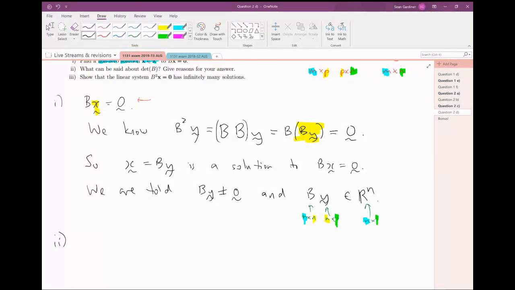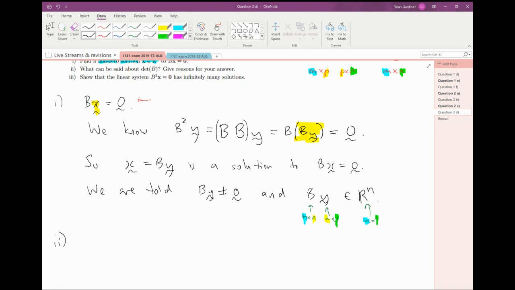You might know a few facts about determinants, but in general, things we know about determinants tend to have to do with whether determinants are 0 or non-zero, right? So I might suspect that if this question is asking me to say something about the determinant of B, probably I want to conclude that it's 0 or it's non-zero, right? Maybe I can say more than that, but that's a good place to start.